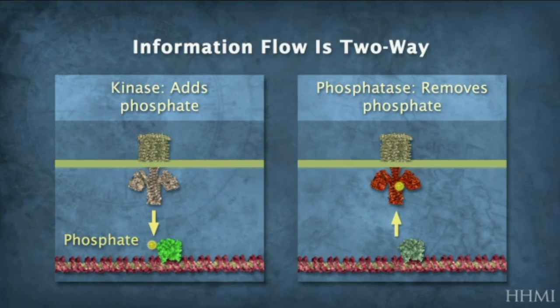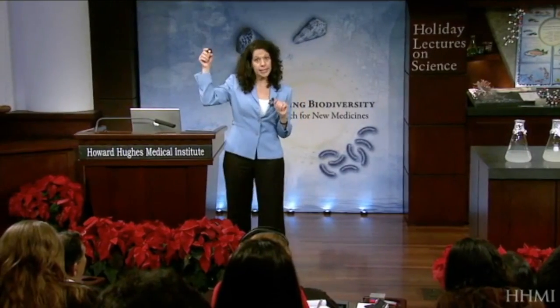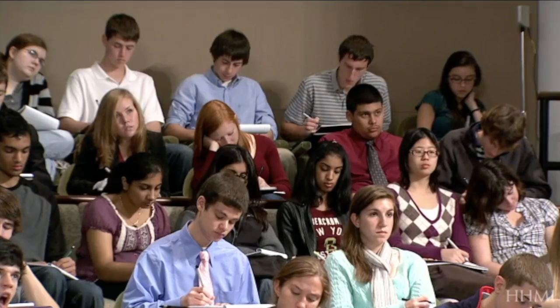Phosphatase, on the other side, is when the receptor takes the phosphate off of that downstream protein, and now the protein can't act. So kinase means put phosphate on, phosphatase means take it off, the reverse direction. Okay, so that's how receptors work.